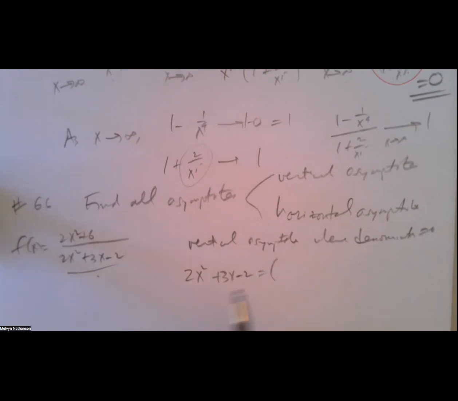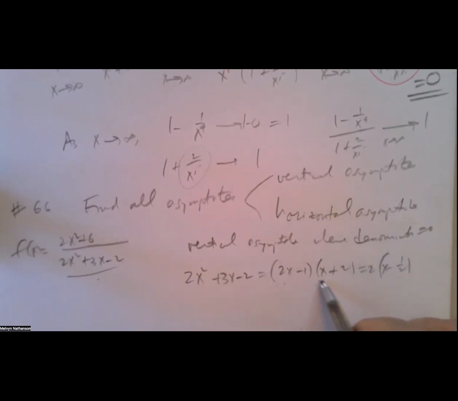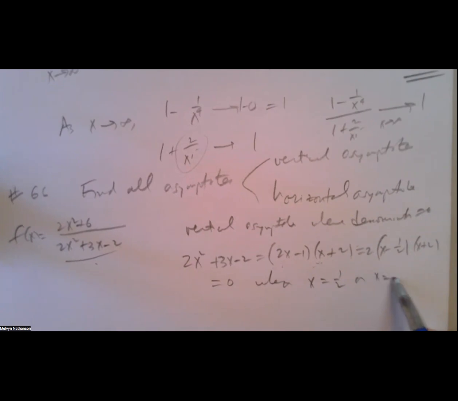Let's see if this factors into 2x minus 1 and x plus 2. So if you multiply this out, you get 2x squared, 4x minus x is 3x, and minus 1 times 2 is minus 2. So this factors. Or I could write this as 2 times x minus a half times x plus 2. And when I write it like this, you can see this is equal to 0 when x is either plus a half or x is minus 2.